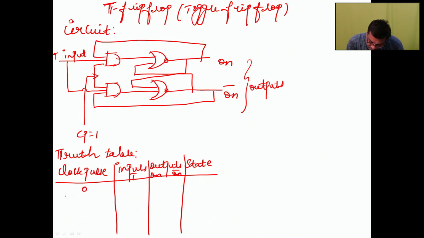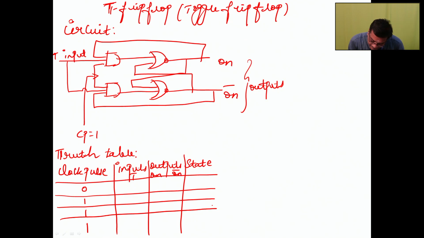So when the clock pulse is 0, automatically we are going to get the no change condition as the output.